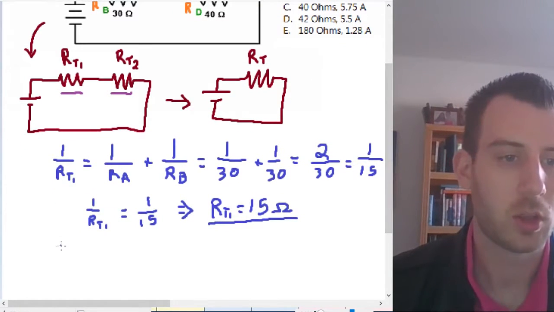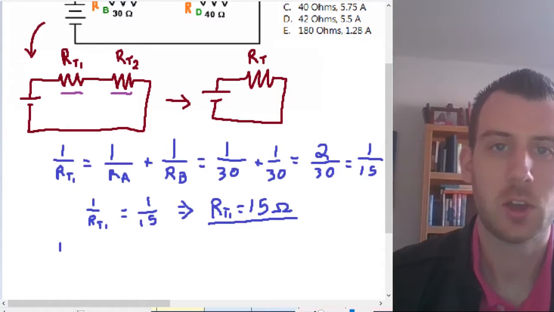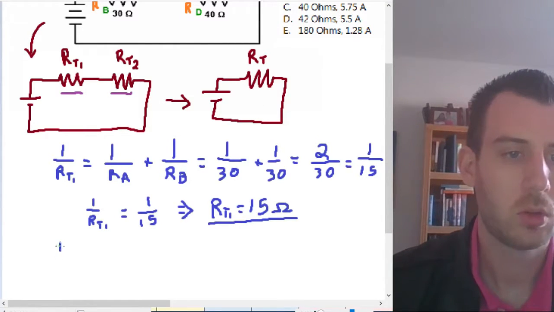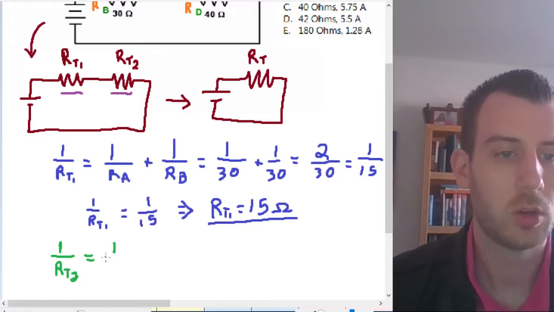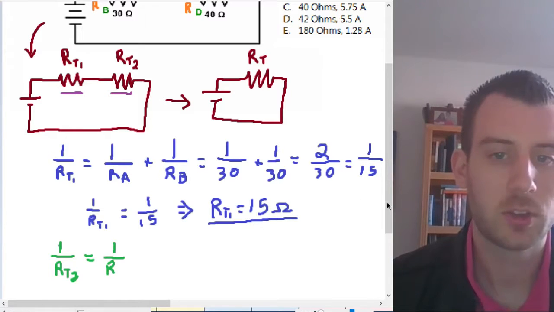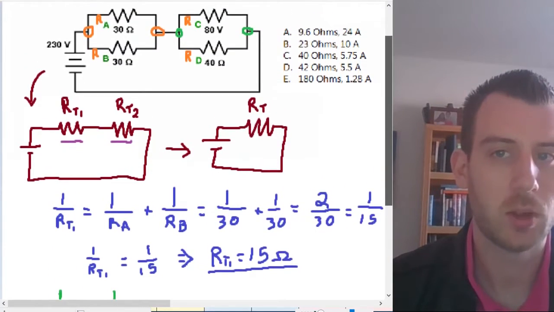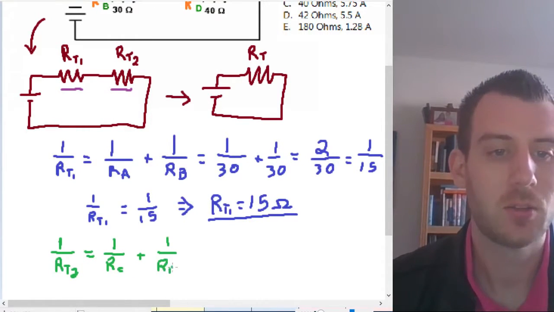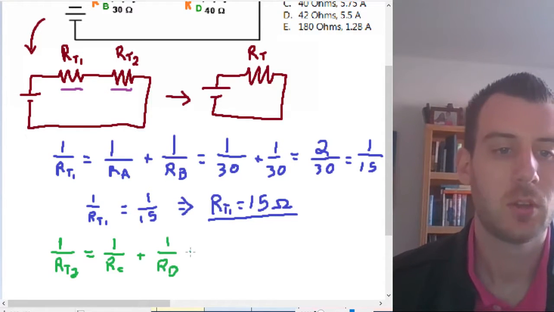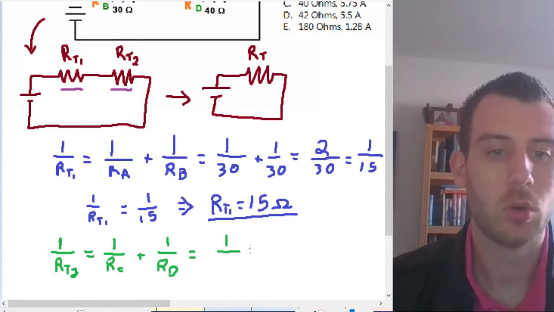So I'm going to say, okay, 1 over R total 2. Let's use a different color. Maybe green. There we go. So 1 over R total 2 is equal to 1 over resistor, in this case, resistor C, right? Resistor C is going to be in that second group. So 1 over resistor C plus 1 over resistor D equals 1 over, what are my numbers?